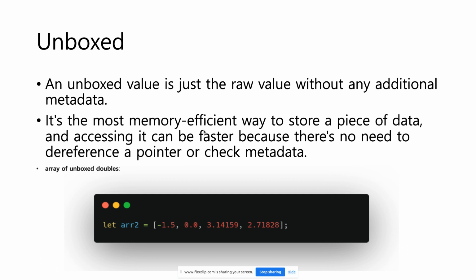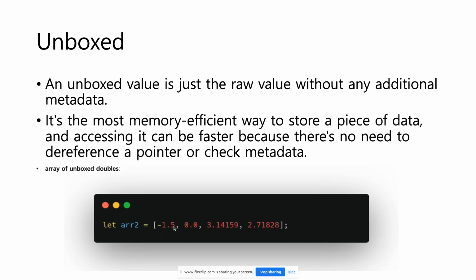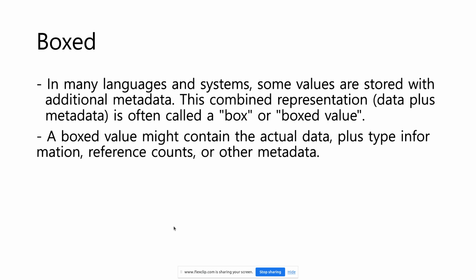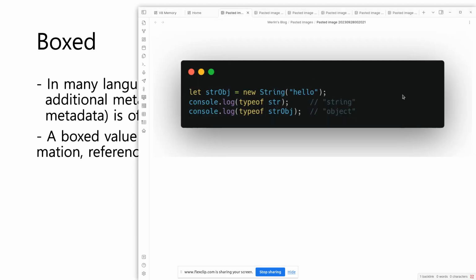Let's check. This is an example of an array of unboxed doubles. Sorry, so I'll give you examples of unboxed and boxed. There's a string, and we create a new string using a method.